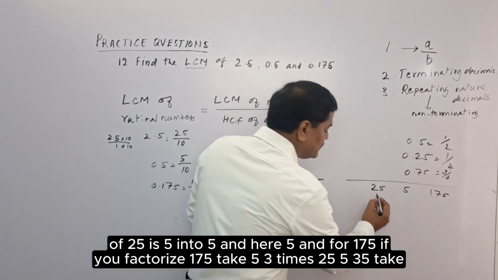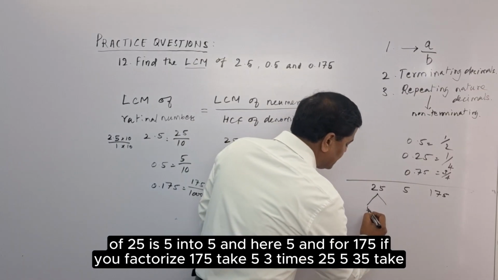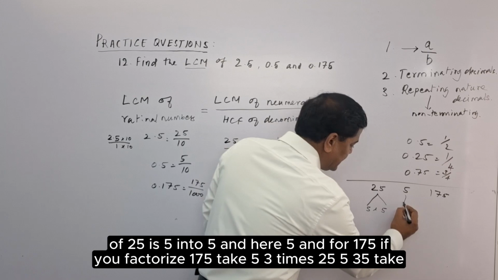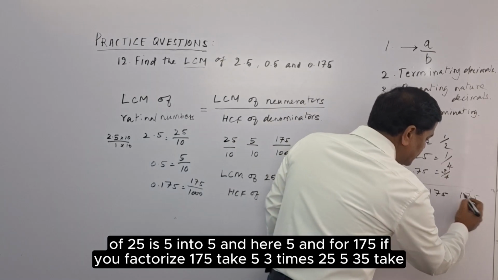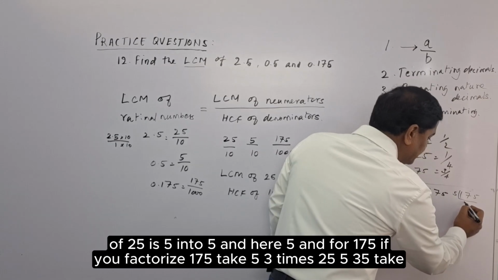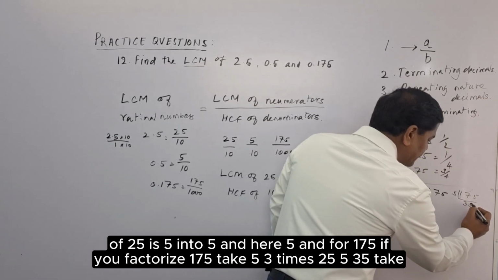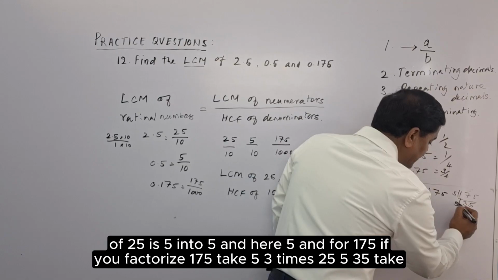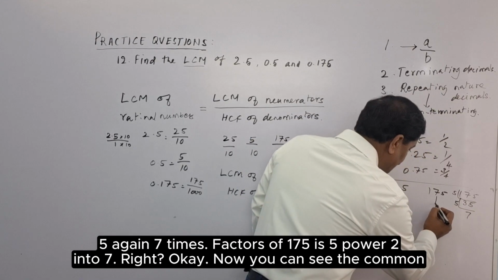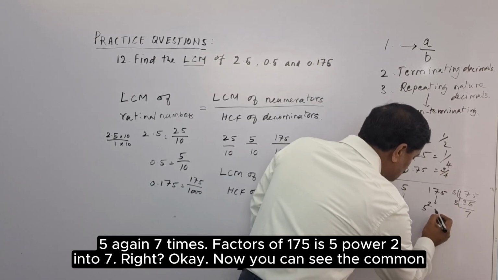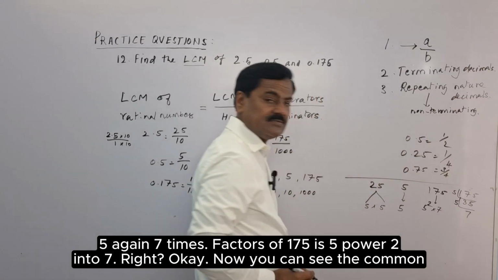So the factors of 25 are 5 into 5, and here 5. And for 175, if you factorize 175, take 5 three times 25, 5, 35. Take 5 again, 7. So the factors of 175 are 5 power 2 into 7.